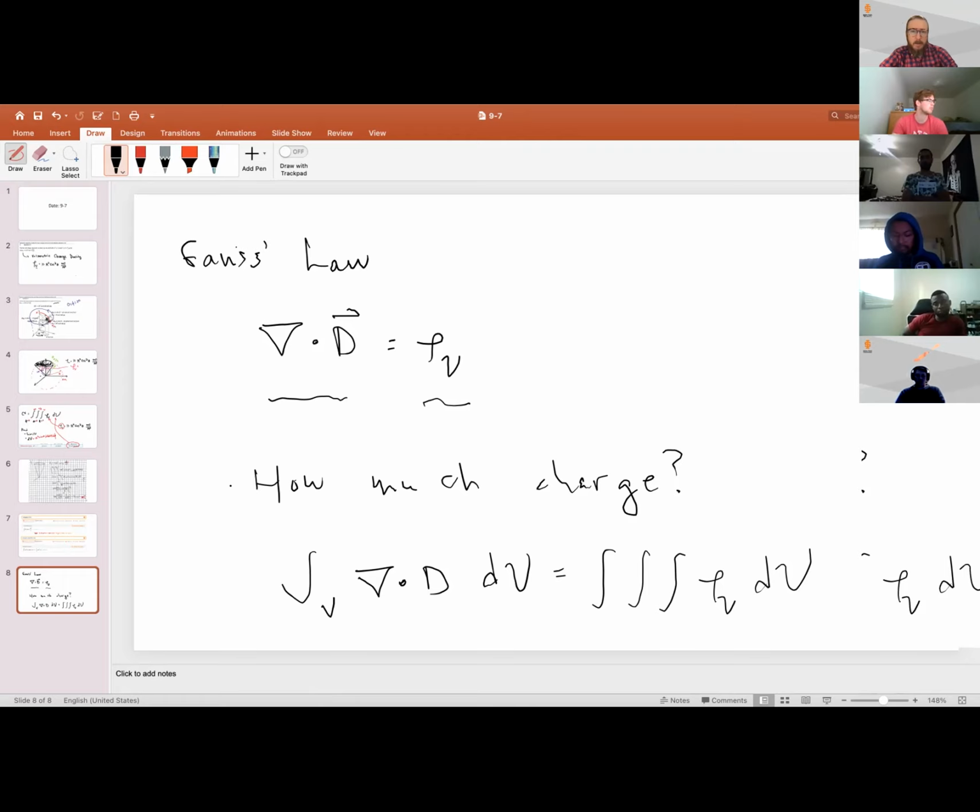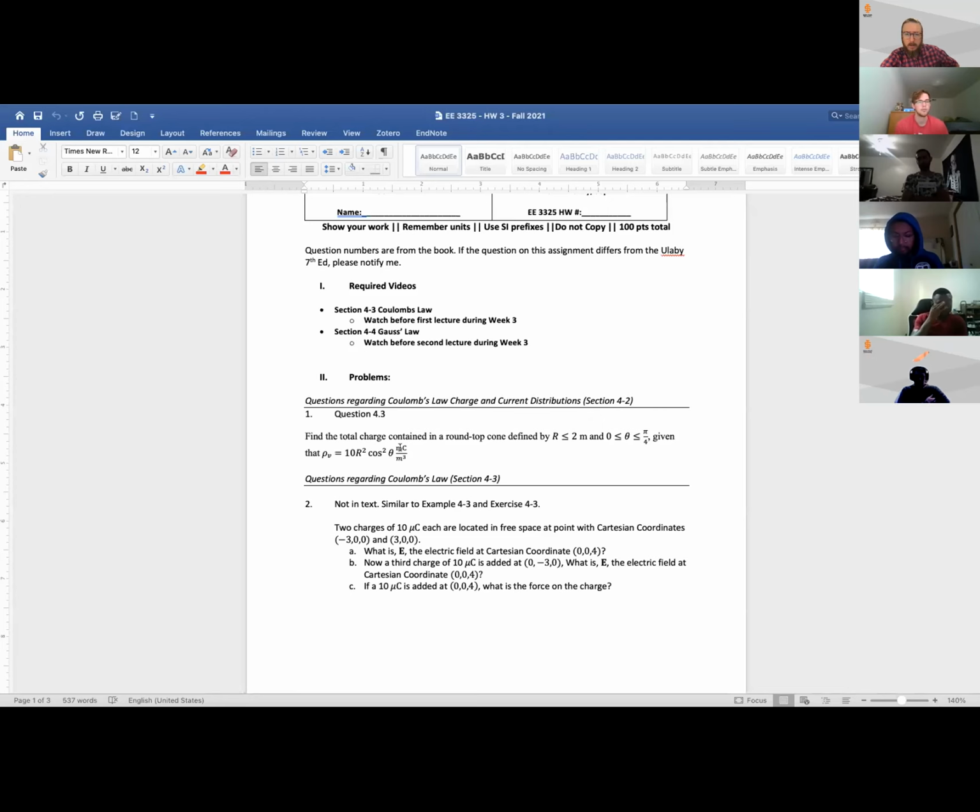Okay, great. What about also for this problem? You integrated a volume, but what else could you integrate if you wanted to find the total amount of charge? Go back to the homework. What other types of geometry?